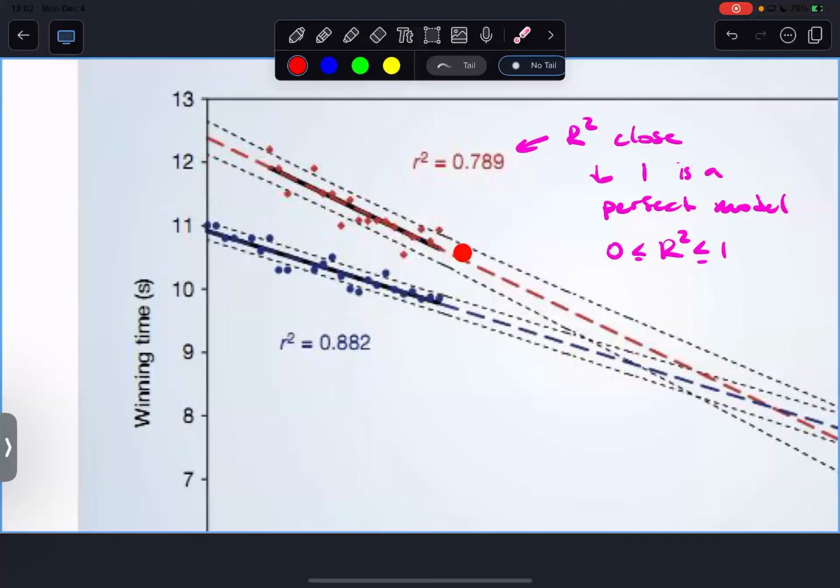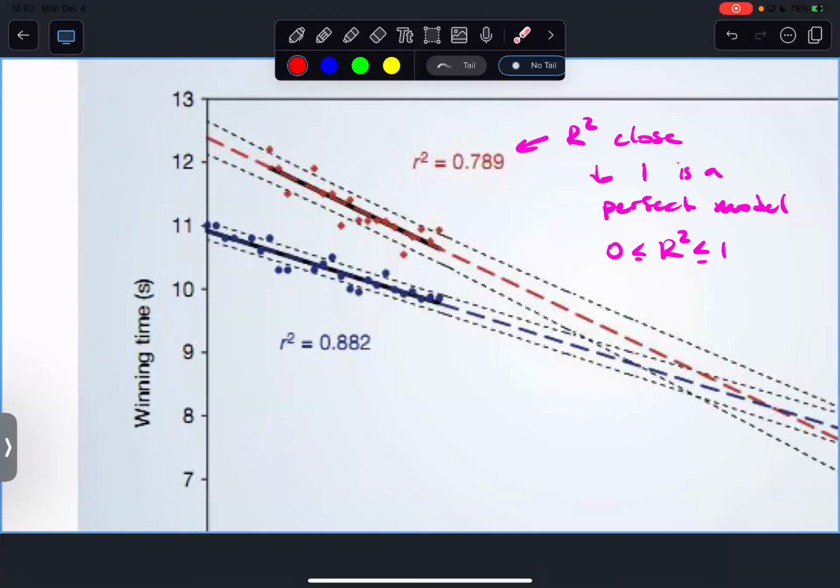Let you think about what these lines are. Could they be confidence intervals? Yes, they can. They might be prediction intervals, which we're not going to talk about, but they're basically the same, right? So we can have confidence intervals around our slope and our intercept and our predictions. And so what happens as I move further and further away from the data, these confidence bounds are getting wider and wider and wider, right?